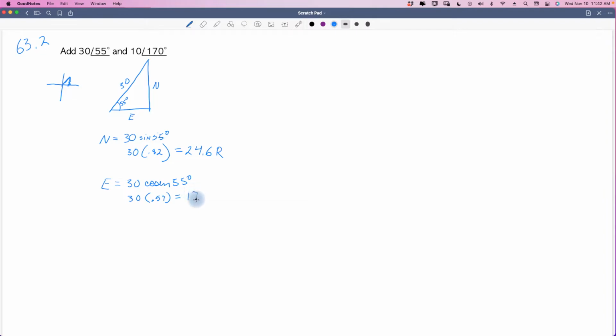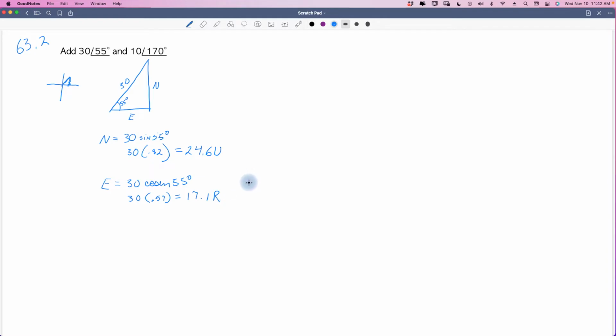So it's 17.1, and we know that that is to the, did I do this backwards? I did. All right, this is up. North is up. 17.1 is to the right. Okay, now we have our things in order.